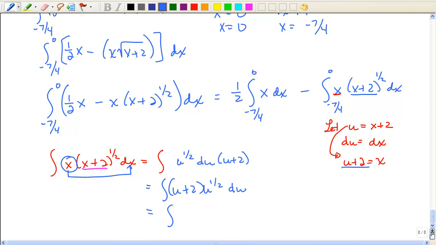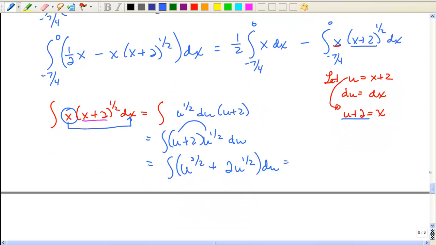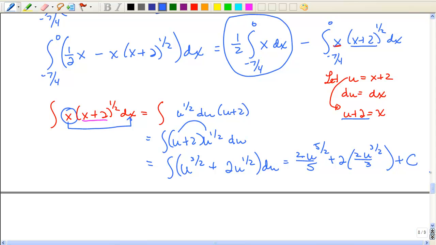Well, now I can distribute, and I've got u to the 3/2, plus 2u to the half. I can at least use the power rule there. And so that would integrate as u to the 5/2 times 2/5 plus 2 times u to the 3/2 times 2/3 plus c.